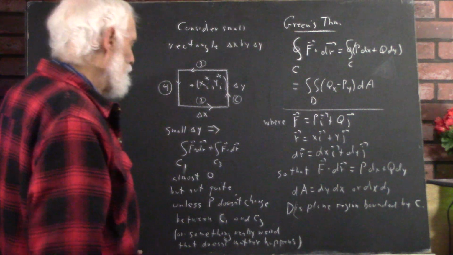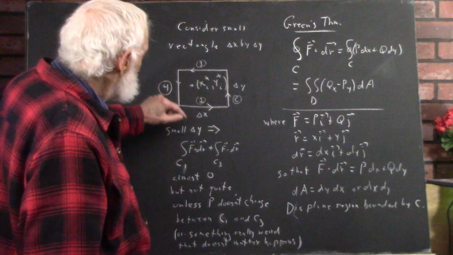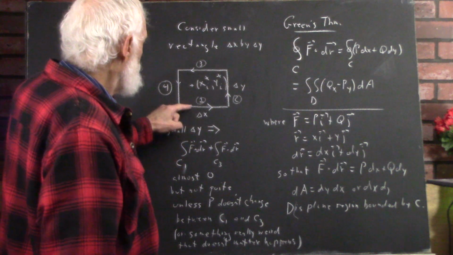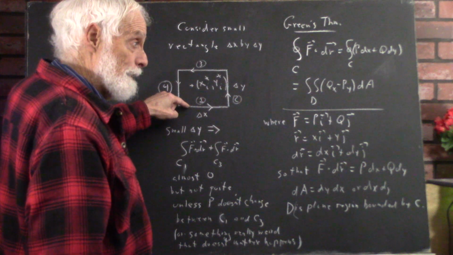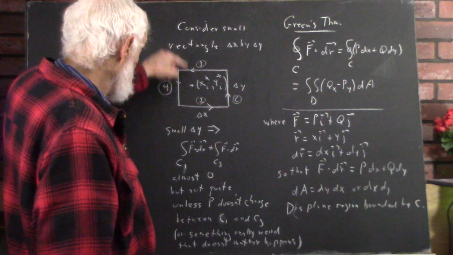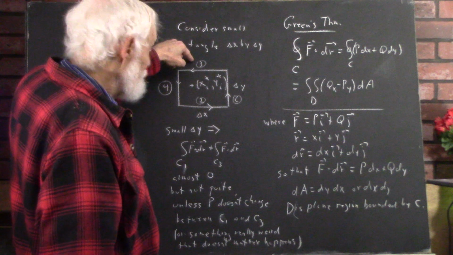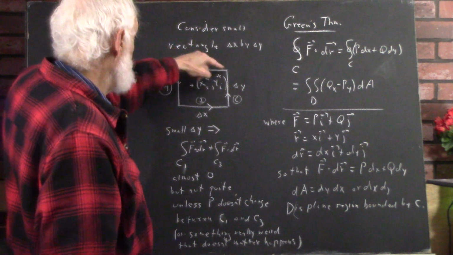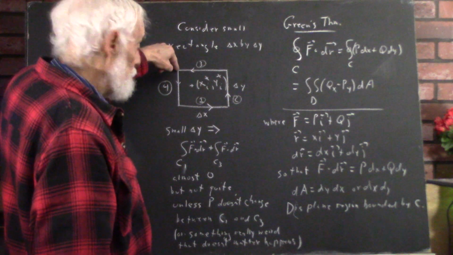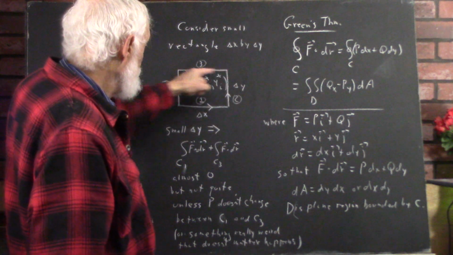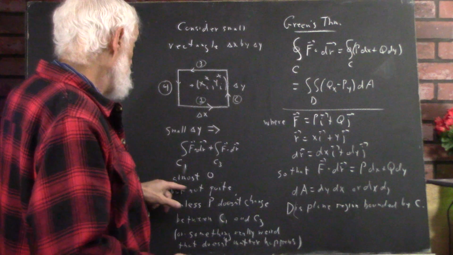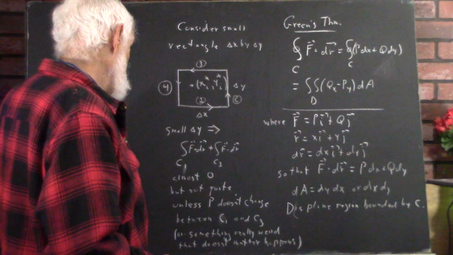So what you want to understand is that if P doesn't change between here and here, then its value at every point here is equal to its value at the corresponding point along a vertical line here. Which would mean, of course, then that the integral over this path and the integral over this path are equal, and you would get 0. Okay?